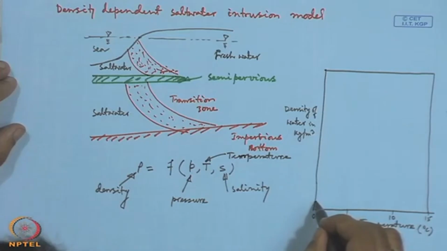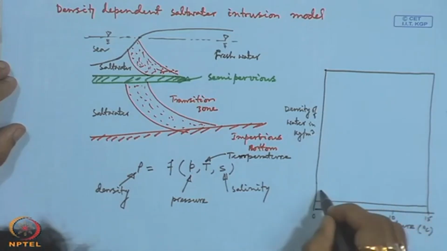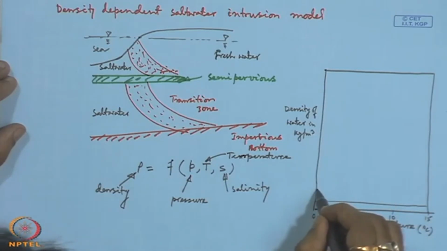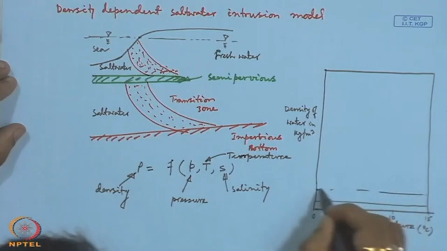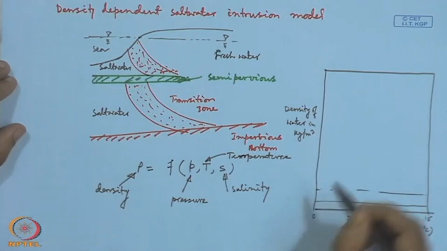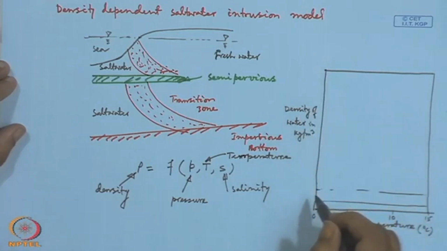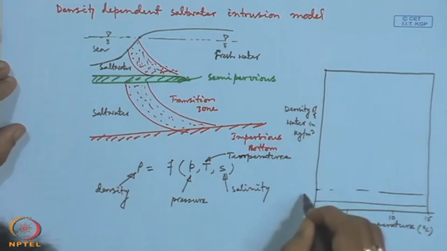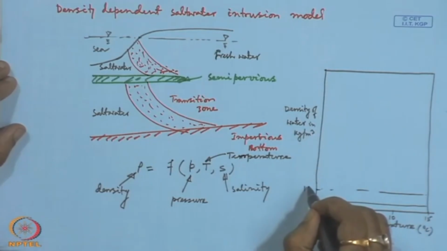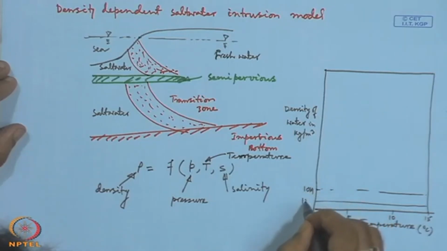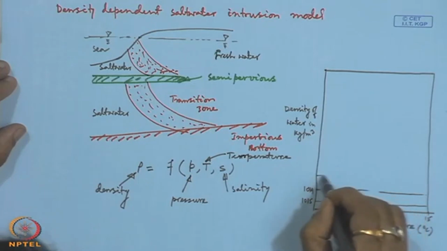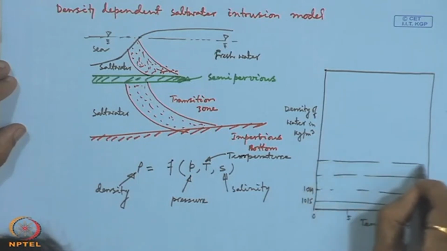This is with a difference of 1 kg per meter cube. This is 1014, 1015, like that.